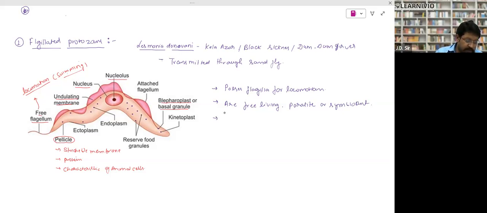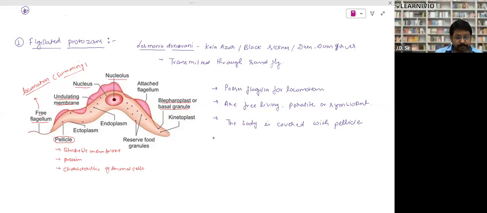The body is covered with pellicle, sorry. The body is covered with pellicle membrane, right? Pellicle, I have already told you, is a stretchable membrane.